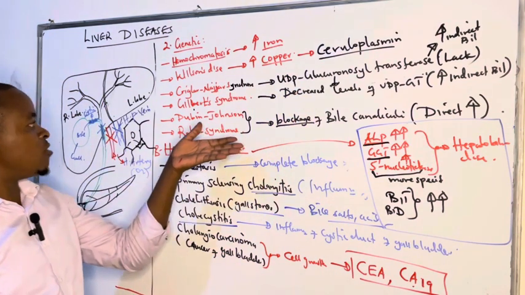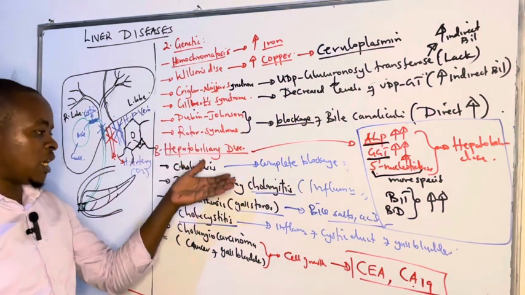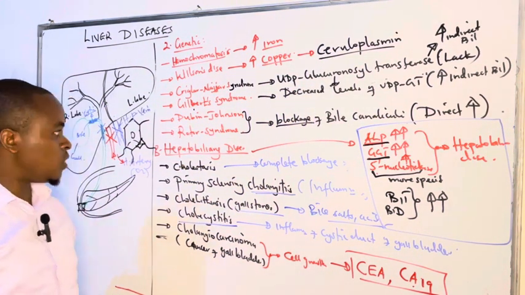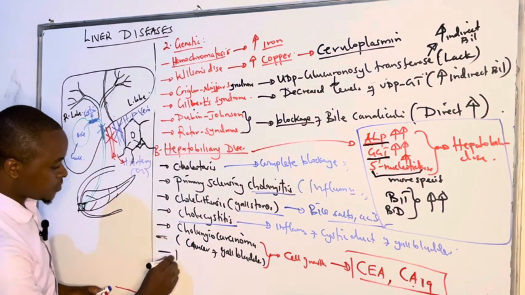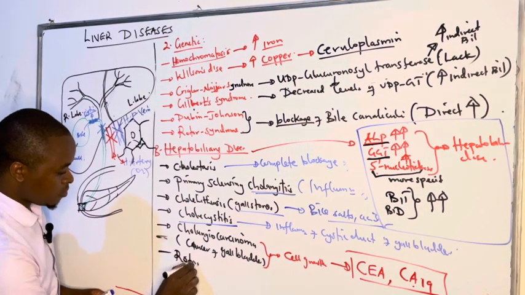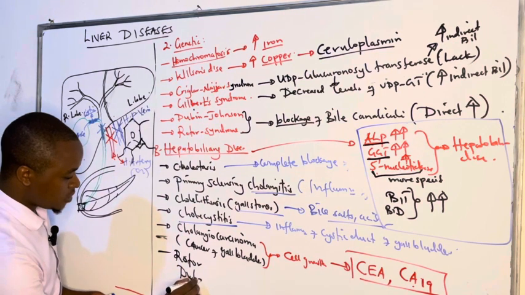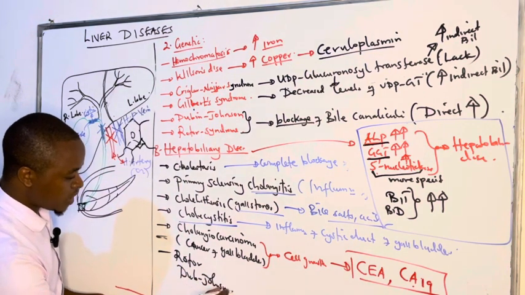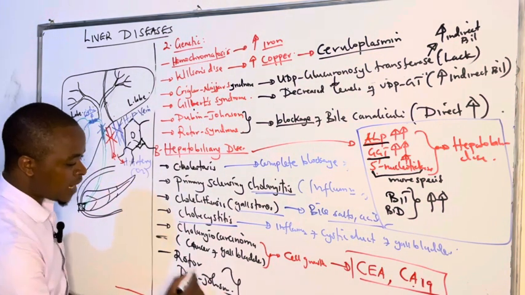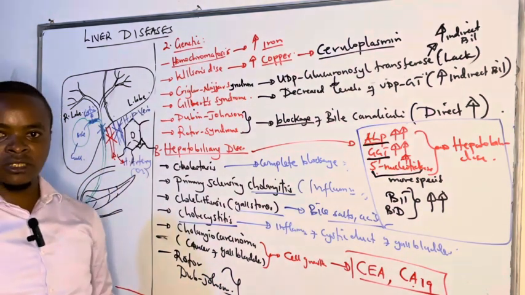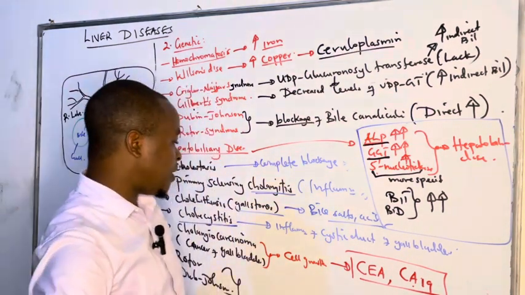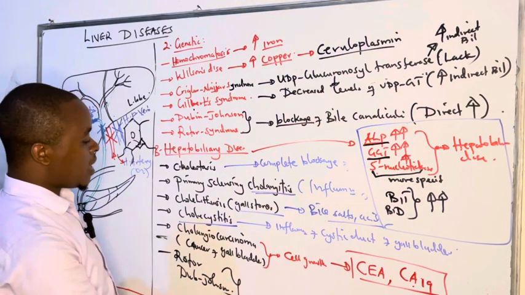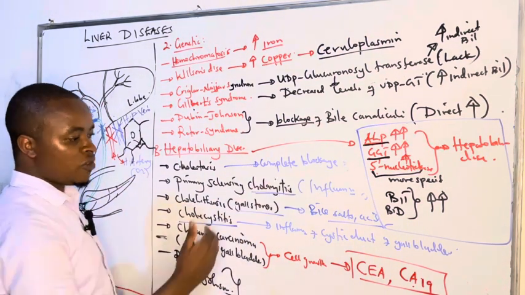Sometimes even Rotor syndrome and Dubin-Johnson can be part of this, because we have seen them blocking the bile canal, meaning they affect the biliary system, so they can be part of the hepatobiliary. And we have seen what they are and how we can diagnose them.